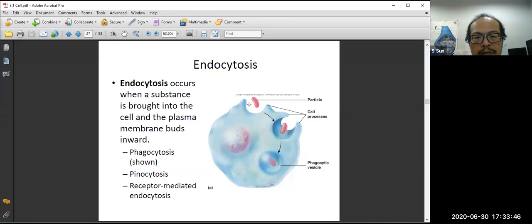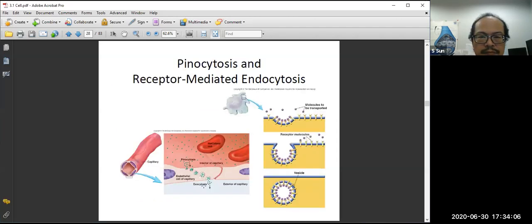Only when the receptor can recognize this particle will they engulf it, or conduct this endocytosis. So this is receptor-mediated endocytosis and pinocytosis. Here we have this receptor, it binds it, engulfs it, forms the vesicles.